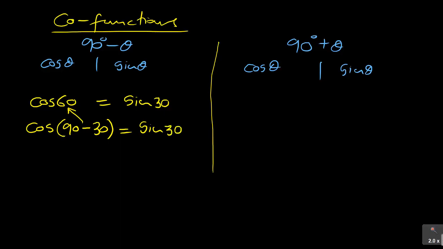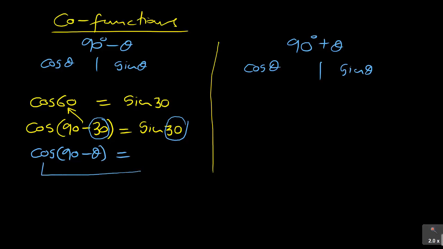Now look at what is happening here with the cofunctions. The 30 degrees that I started with is the 30 degrees that is now appearing on the other side. So cos 90 minus theta, when I'm concluding, you don't write cos.